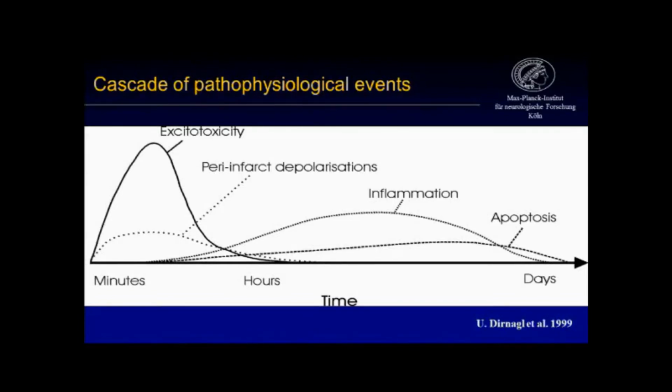And then over hours and days, you have inflammation as another factor to be considered. And then finally, later on, apoptosis. This could now be complemented by even further events that take place. But this is just to demonstrate that by no means is this a momentary situation with nothing happening afterwards. Once a stroke happens, there's a dynamic process of various negative events that take place over quite some time.